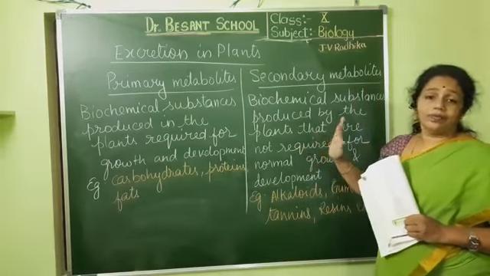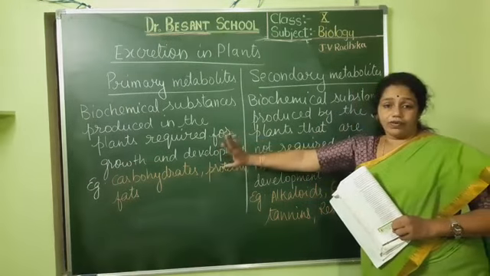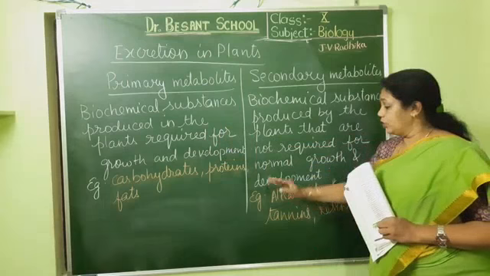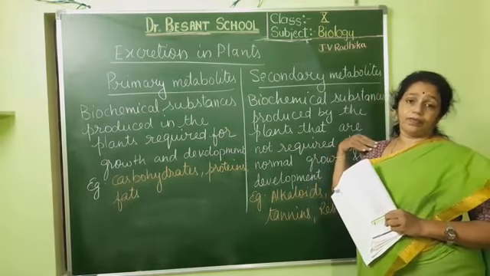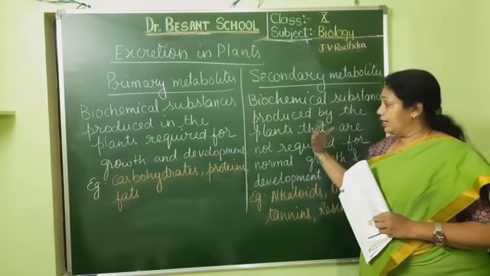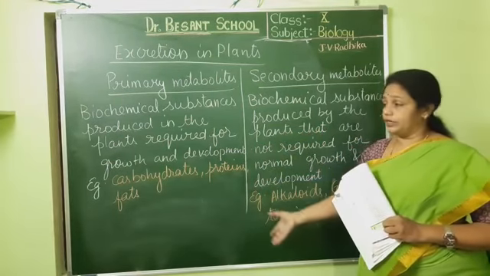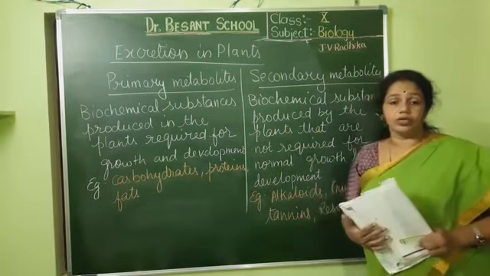It can grow and develop normally, whereas without primary metabolites it will not have normal growth or development. But these are important for the self-protection of the plant, and also for other purposes as I told. So please note down this, then I will go to the alkaloid table.